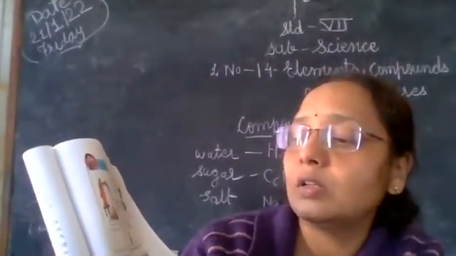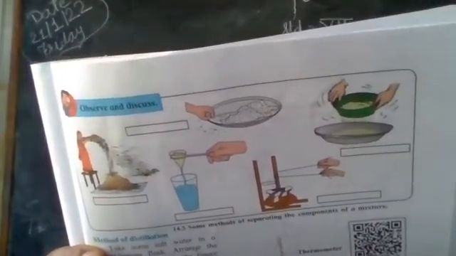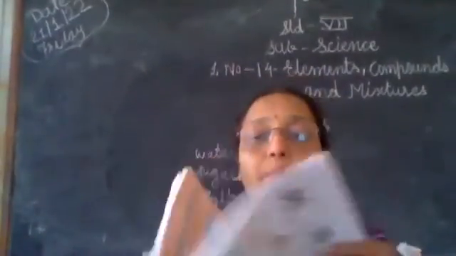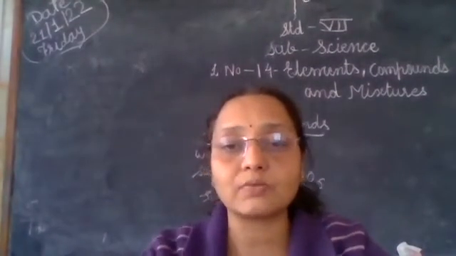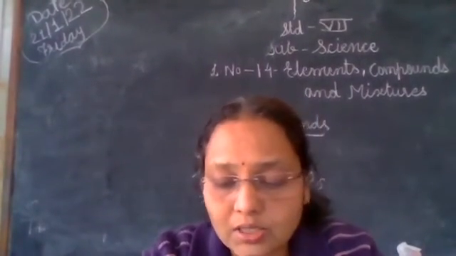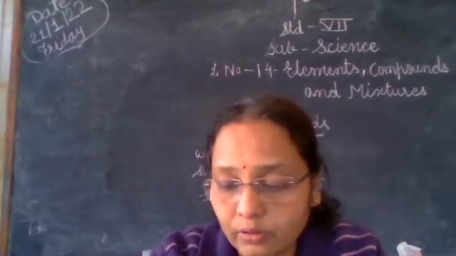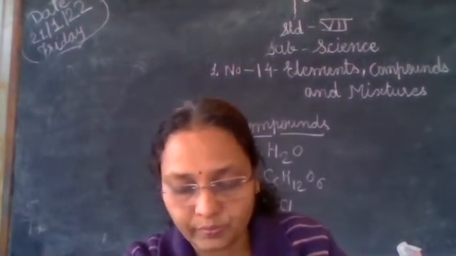See here, various methods are given to separate the mixture. A magnet is also used to separate magnetic substances from non-magnetic substances. So these are some methods of separating the components of a mixture.